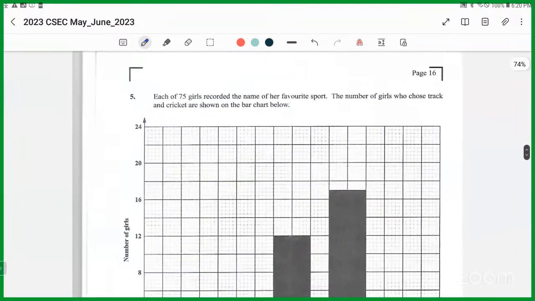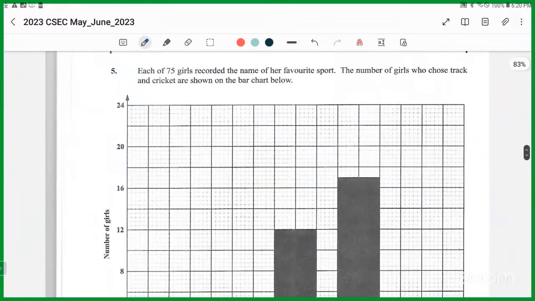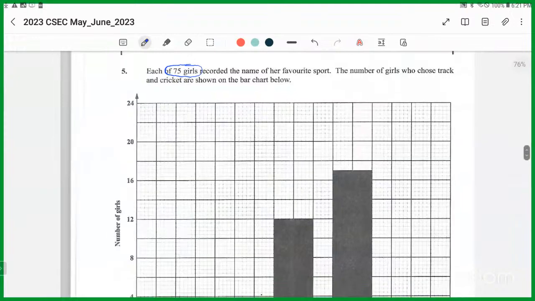Number 5, statistics. Number 5 says, each of 75 girls, it's important to know, 75 girls, can't forget. Each of 75 girls recorded the name of their favorite sport. The number of girls who chose track and cricket are shown in the bar chart below. All right, they give us a bar chart.